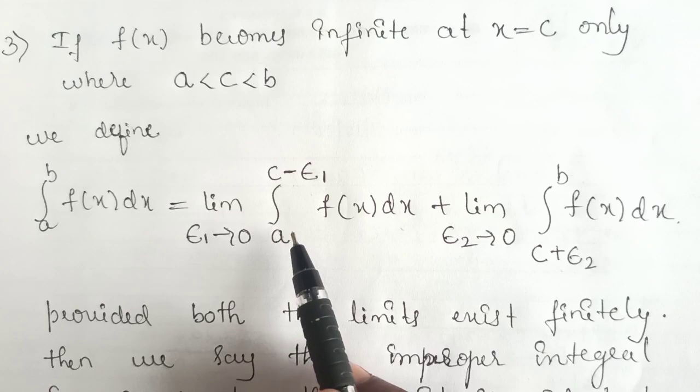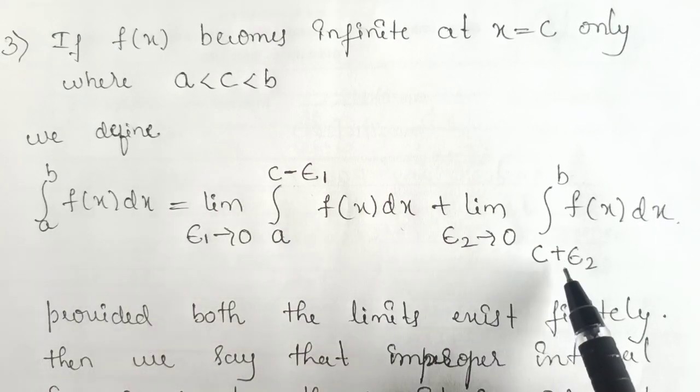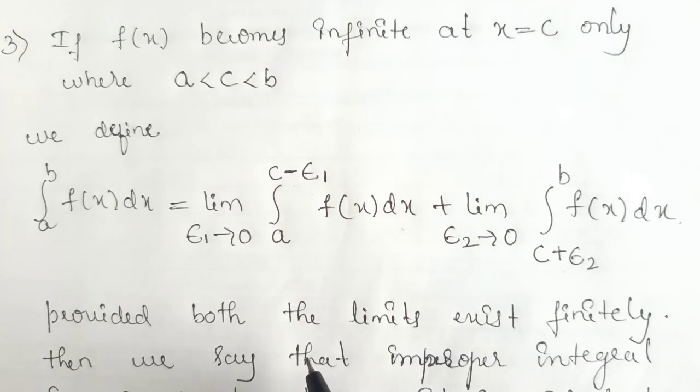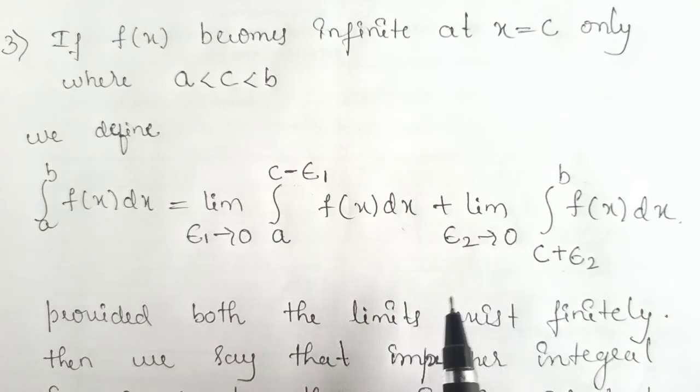Therefore at the upper limit we subtract epsilon, at the lower limit we add epsilon. Here also, if both the limits are finite, then we say that the given improper integral is convergent, otherwise if any one of these two is infinite, then the given improper integral is divergent.